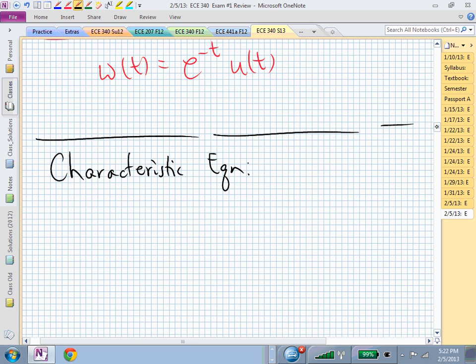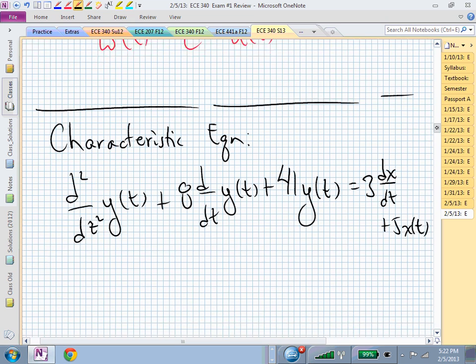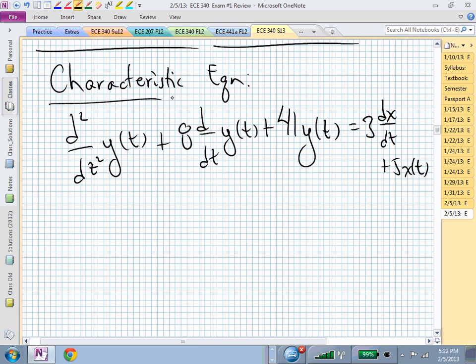Meaning, if I said, here's a differential equation, let's say it's the second derivative with respect to time of y of t, plus 8 d by dt of y of t plus, let's say, 41 y of t is equal to 3 dx dt plus 5 x of t. That's, let's say, the governing equation of a system. It's the input and output relationship for a system.